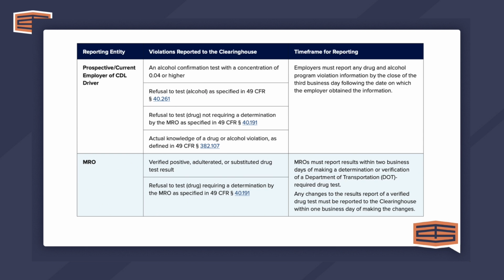I want to move to actual knowledge because I wanted to have a couple minutes to talk about this. 382.107 really details what constitutes actual knowledge, and I'd encourage you, if you're not familiar with that, to go check out 382.107. It makes it pretty clear what actual knowledge is, and it points to the distinction and the confusion that's created in the industry between actual knowledge and reasonable suspicion.